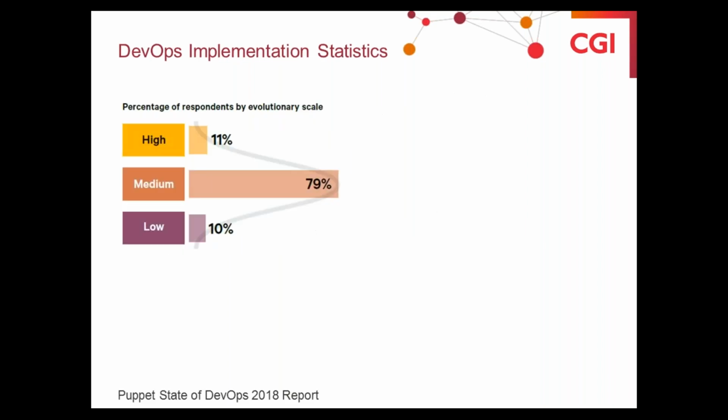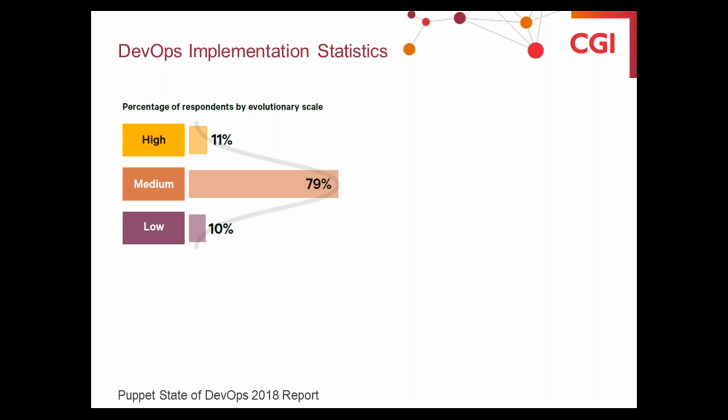So, do people see these benefits? A lot of the time they don't. And one of the reasons for this is that actually a lot of companies that say they're doing DevOps aren't as far through the DevOps implementation scale as they think they might be. I've pulled these stats from the Puppet State of DevOps 2018 report.